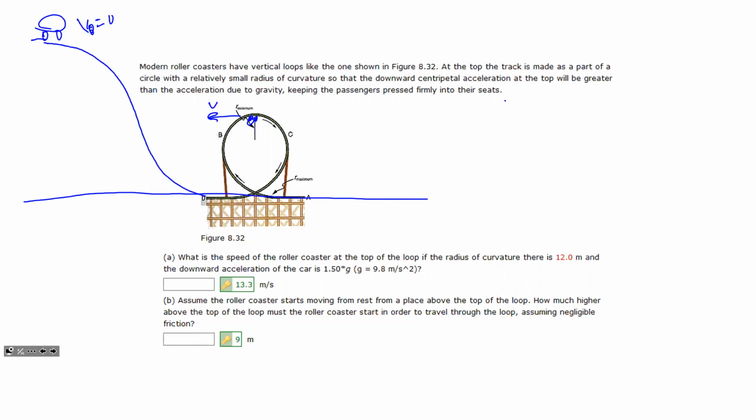What we're looking for is not the height from the ground. It is how much higher you start than the top of the loop. This is what you need to calculate. So in this situation, you have to set the origin at this level. But you know that when the roller coaster travels through the top, it is a part of a circle with a given radius, right?